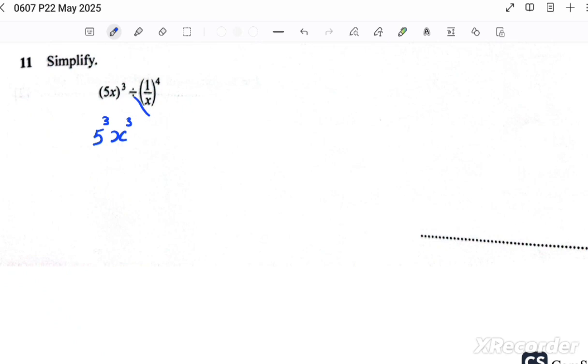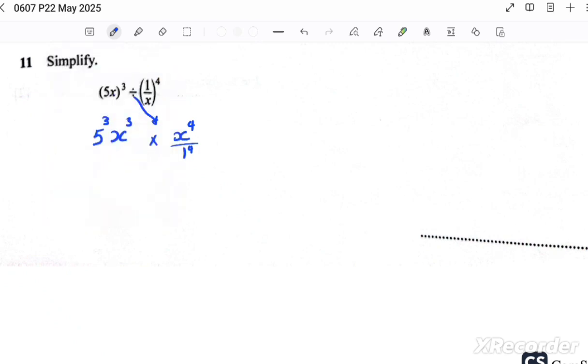Now this one is division. I may convert this division to multiplication, but in this case I will take the reciprocal of the second part, so I can make it like x over 1, also to the power of 4, and 1 of course to the power of 4 is 1.